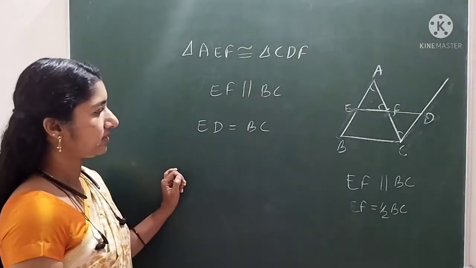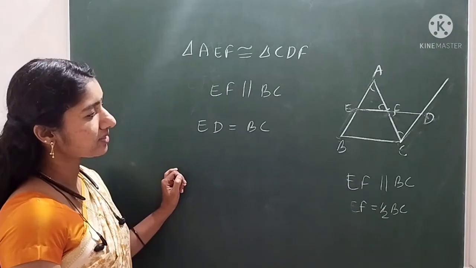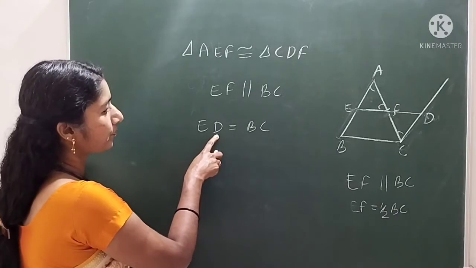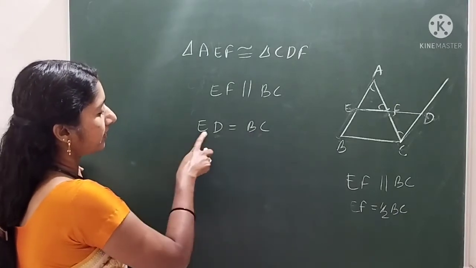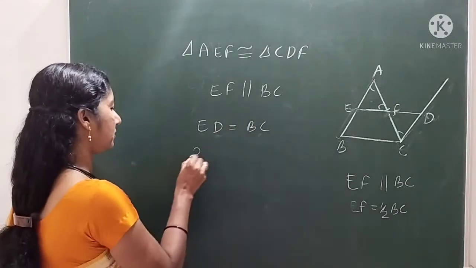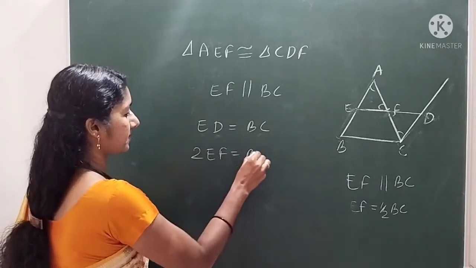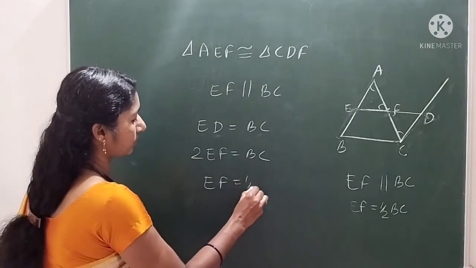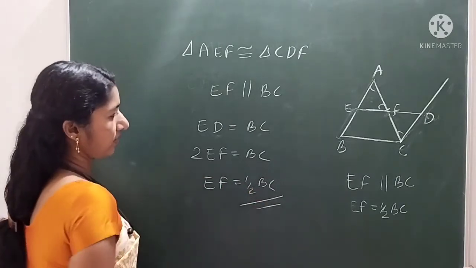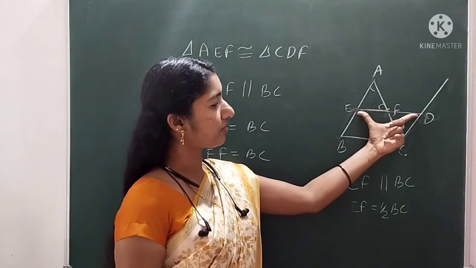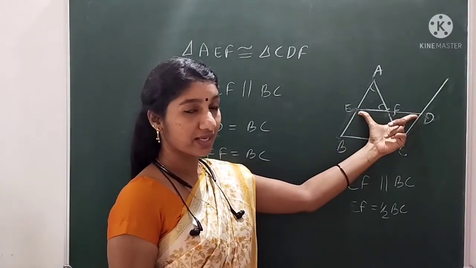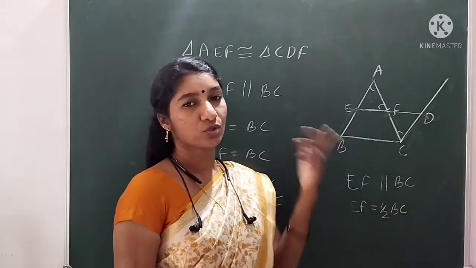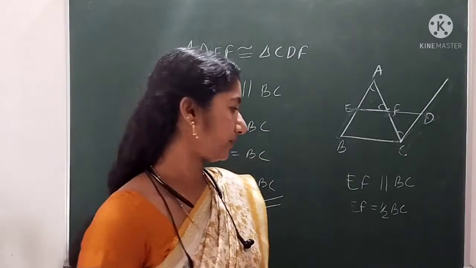Here ED is equal to BC. We replace ED with 2EF, so 2EF is equal to BC. Then we can write EF is equal to half of BC. So this is the proof for the midpoint theorem.